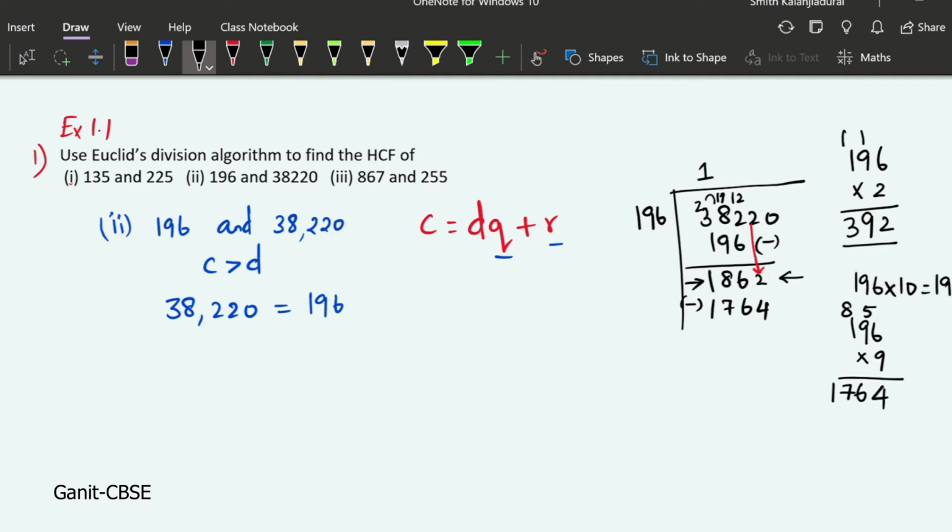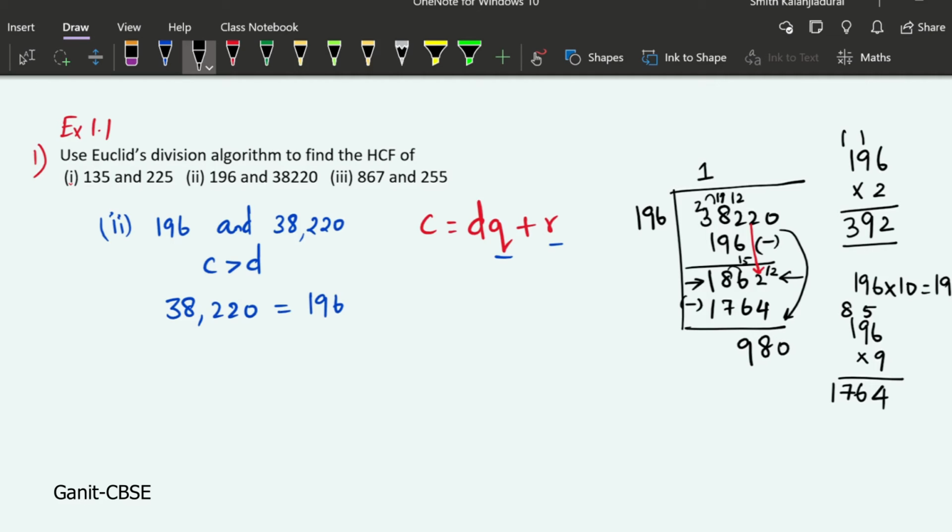So you are going to subtract here, and the remainder will be 98. Then we are going to drop the 0 here.